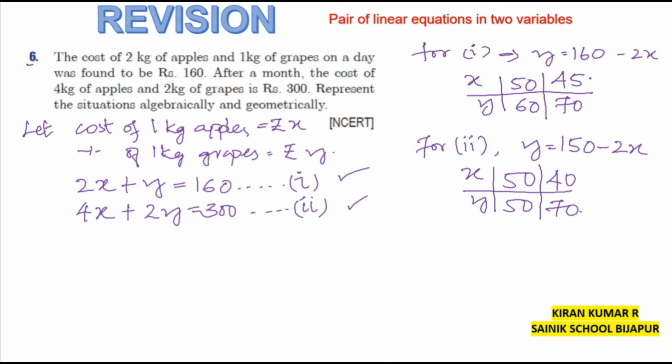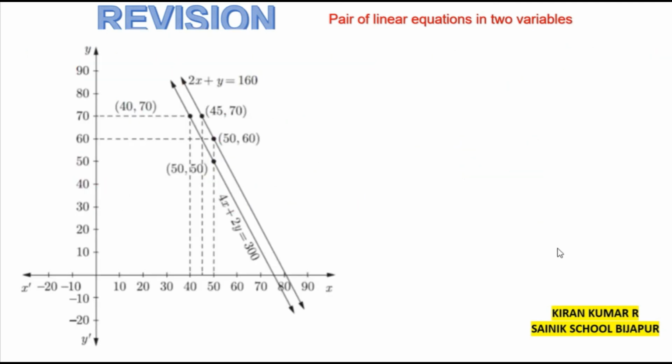So graphically we can represent those two equations, but we will not have a solution for the equations, and this system is inconsistent. I'll show you how the graph looks like. This will be the graph for the equations 2x plus y equal to 160 and 4x plus 2y equal to 300.